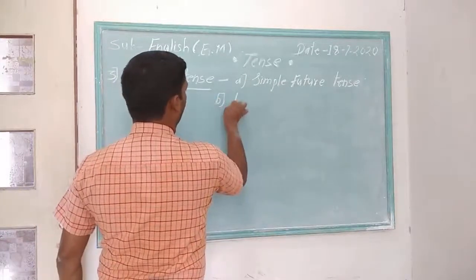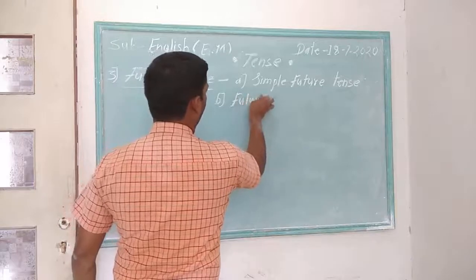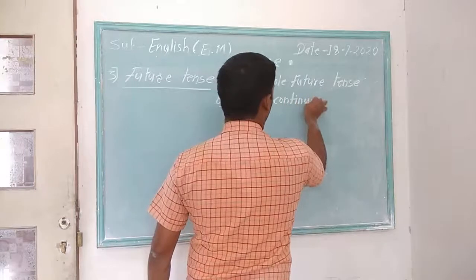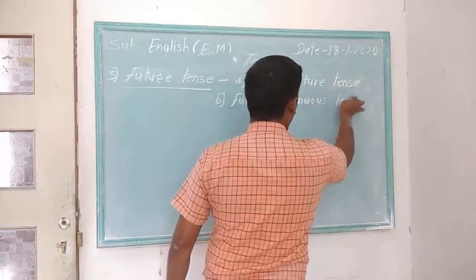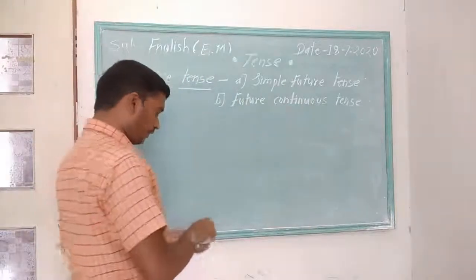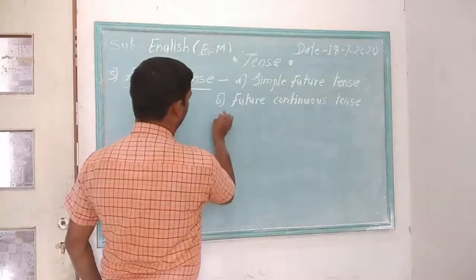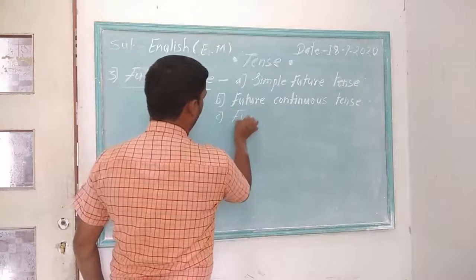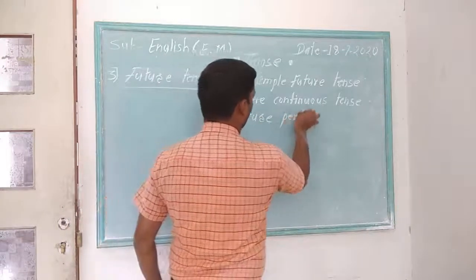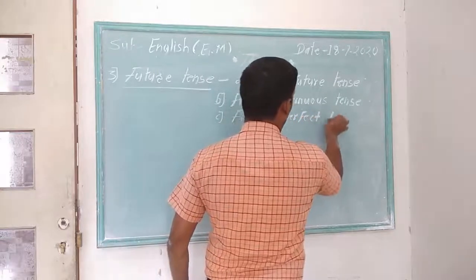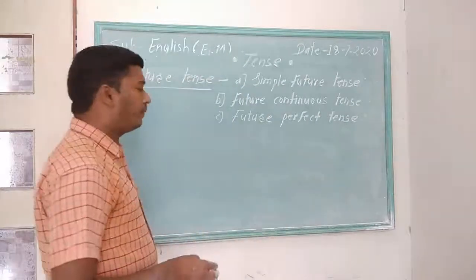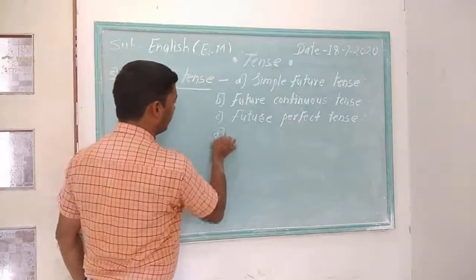B, future continuous tense. C, future perfect tense. And D, future perfect continuous tense.